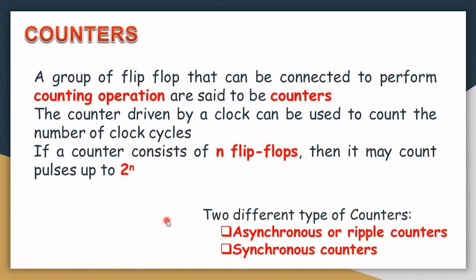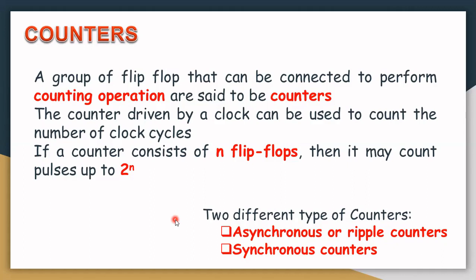For example, if we are using 3 flip-flops, we can count 2 raised to 3, that means 8 digits from 0 to 7. If we want to count more, we have to use more flip-flops, like 4 flip-flops for 16 counts, 5 flip-flops for 32 counts, like that.